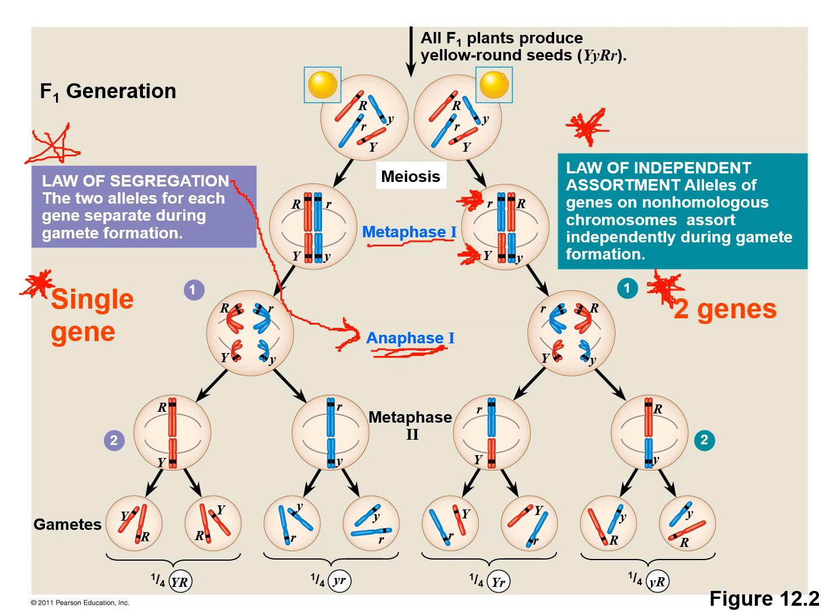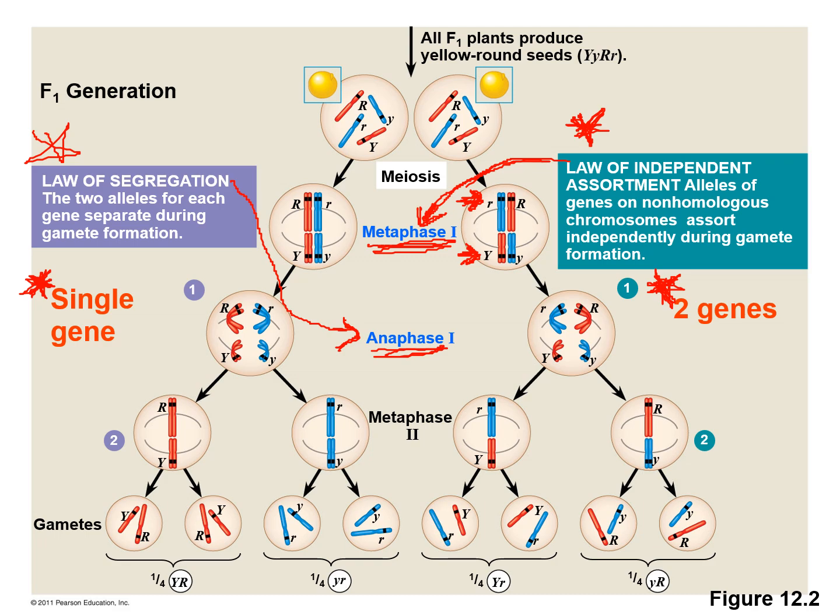So the law of independent assortment happens because of metaphase 1. Okay, so it's because of the way that these homologous pairs line up during metaphase 1. And so you can get these 4 different possible combinations of Y's and R's together, these alleles, when you have these two genes. Okay, but what about humans?